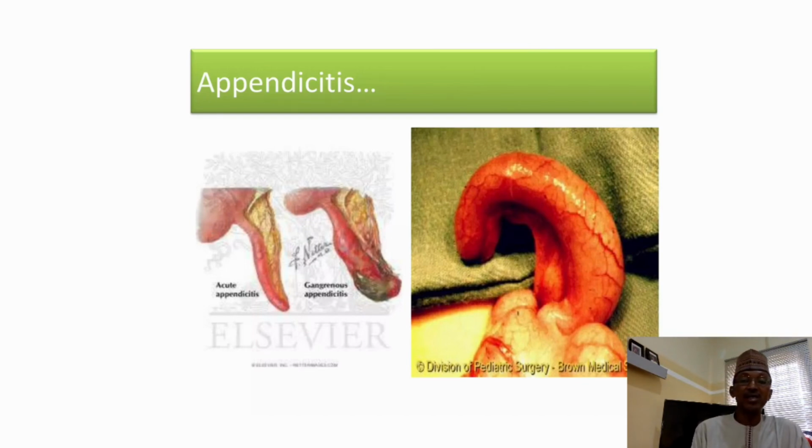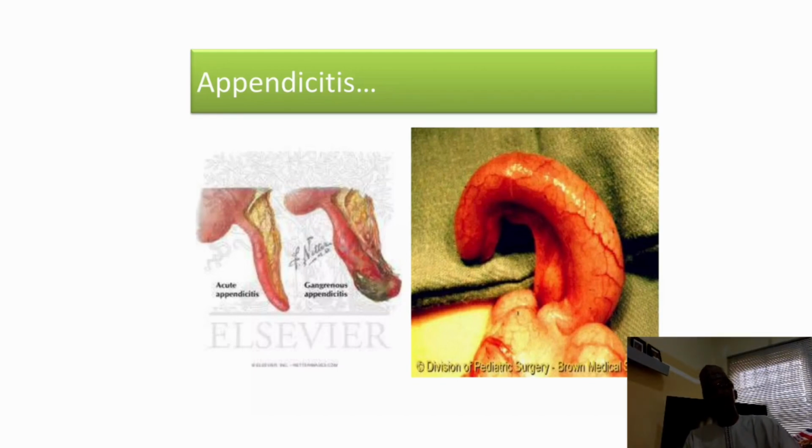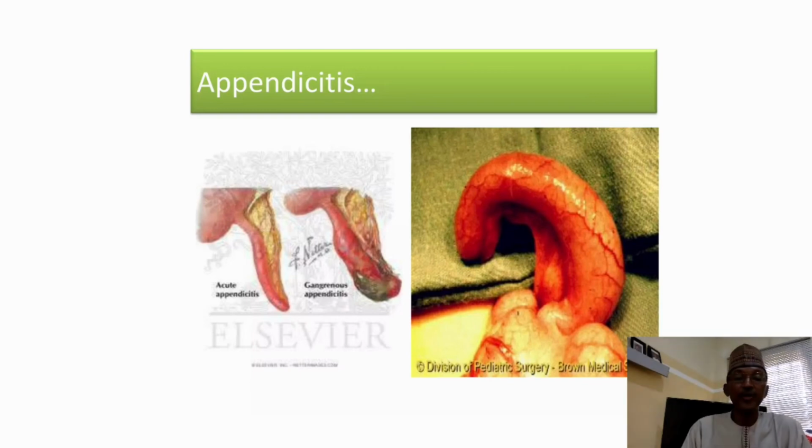Again, appendicitis. The appendix is a finger-like projection across the terminal end of the ileum. And once this appendix is inflamed, that is what we call appendicitis. It is a kind of inflammation of the appendix, and can be as a result of either deposited fecal matter in the appendix, or bacterial infection or fecolith, or any other organism.